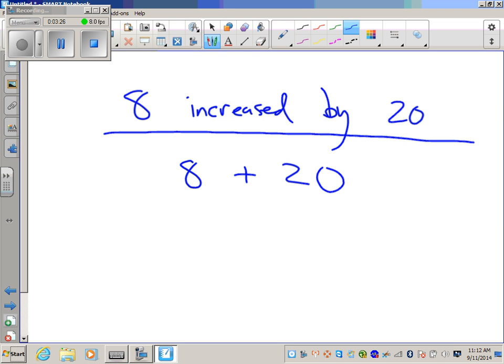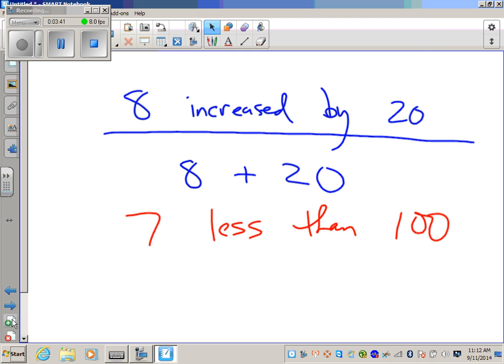Okay. How about 7 less than 100? Seven less than 100. What would that numerical expression look like? Tyler?